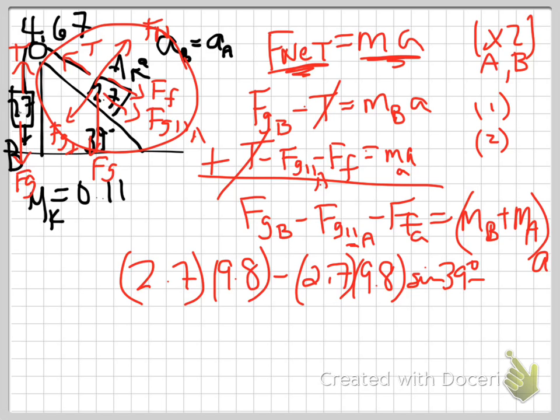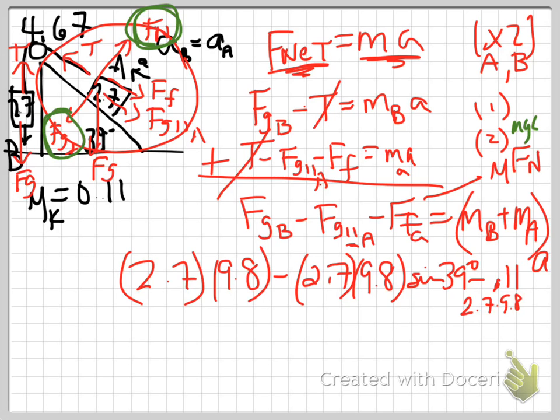Minus mu, which is 0.11, mg, which is 2.7 times 9.8 cosine of theta, because this is mu Fn, and we know that this Fn is the same as Fg perpendicular, which is mg cos theta. So we got to add a cos theta there.